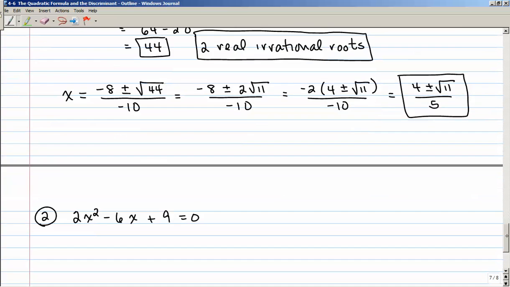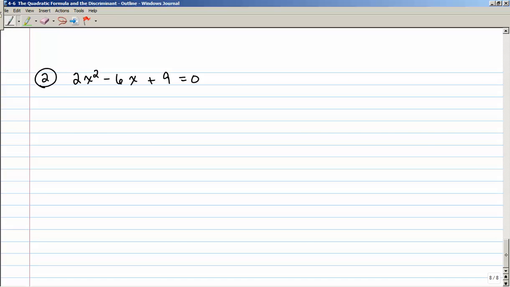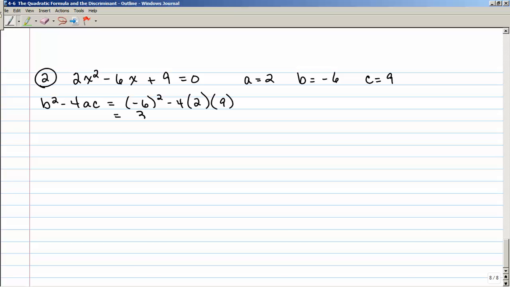Let's take a look at another example here. So a is 2, b is negative 6, c is 9. Let's find the value of the discriminant. b squared minus 4ac, or negative 6 squared minus 4 times 2 times 9 is going to give me 36 minus 72, which is negative 36.